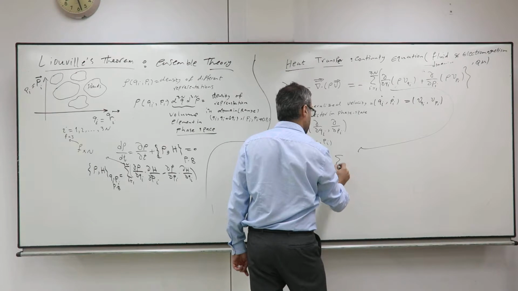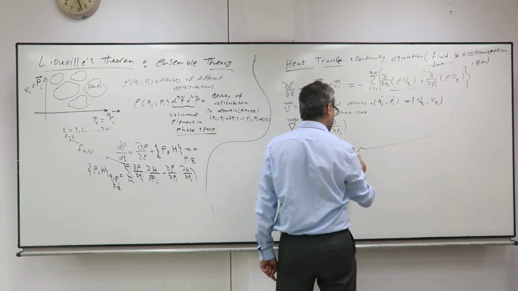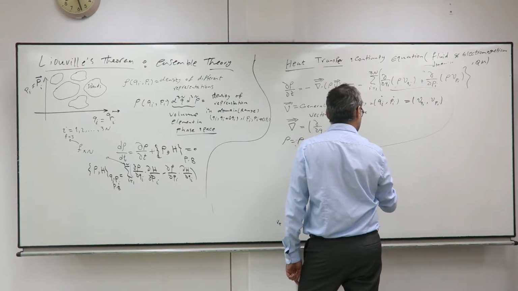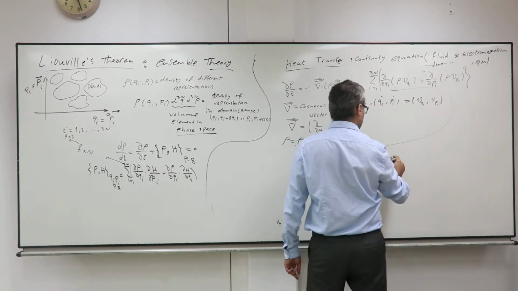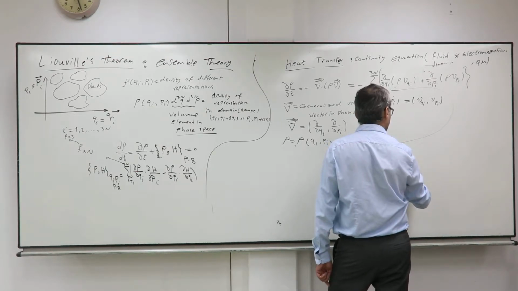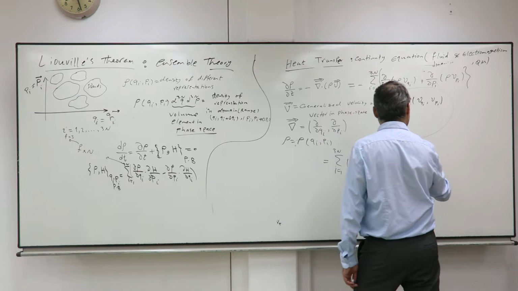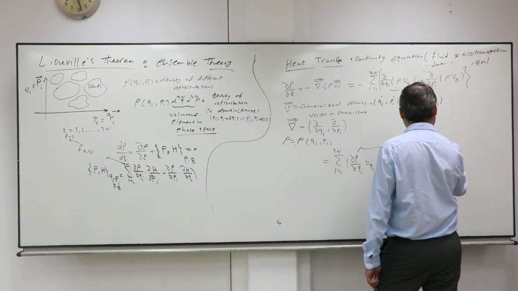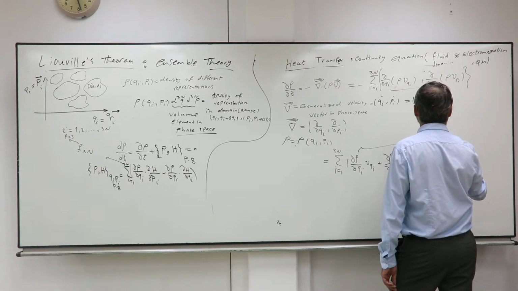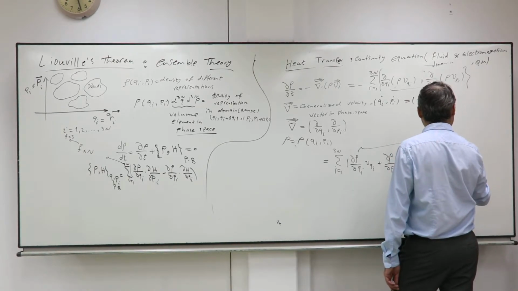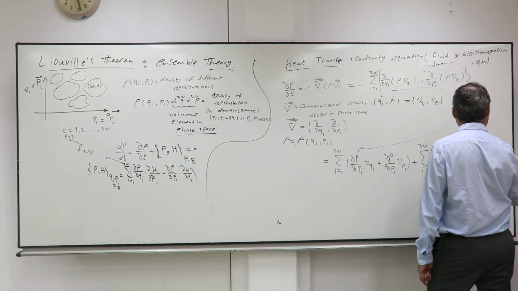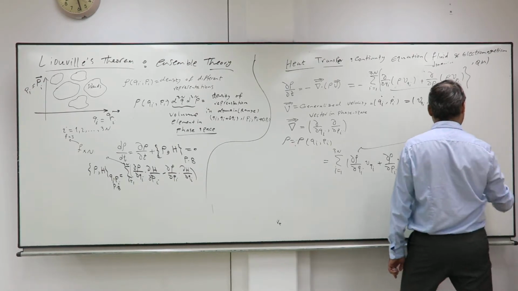So we just expand this equation. We have Q_i dot plus two summations actually.